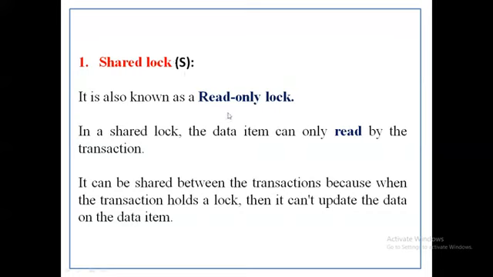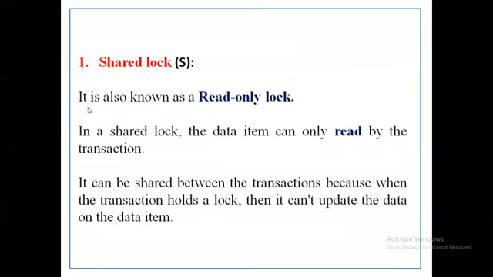For better understanding, take a database table. We can have a read log, or else a read and write log. If we give the shared log on a database table, no other transaction is going to write at the same time. If you assign a log for both read and write operations, that is an exclusive log.